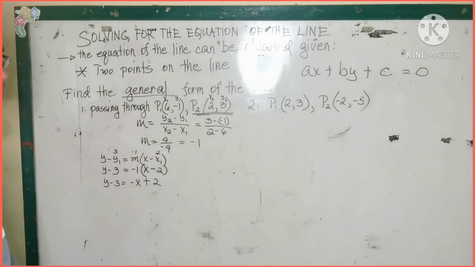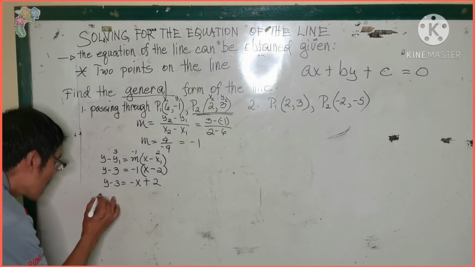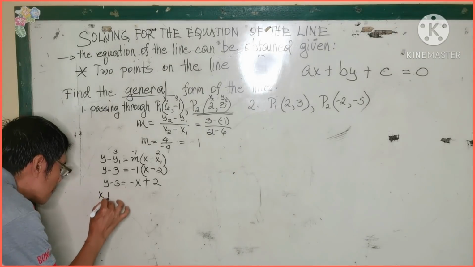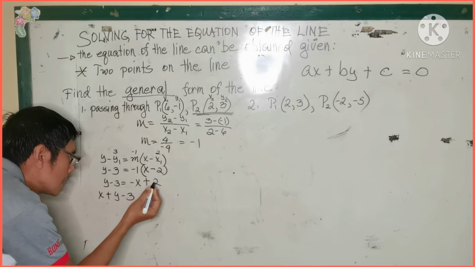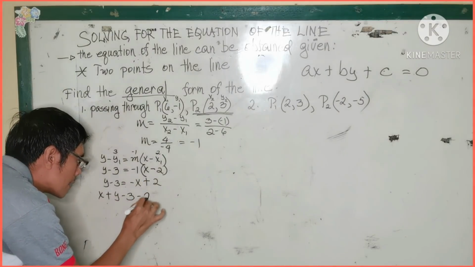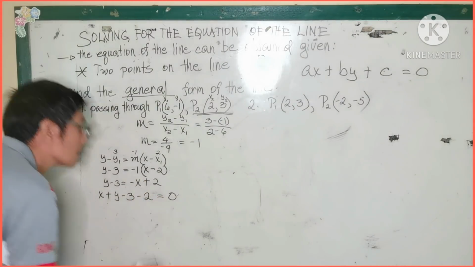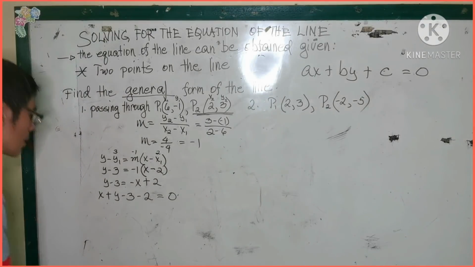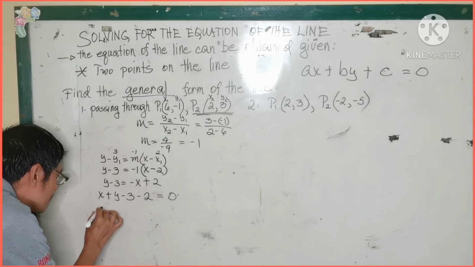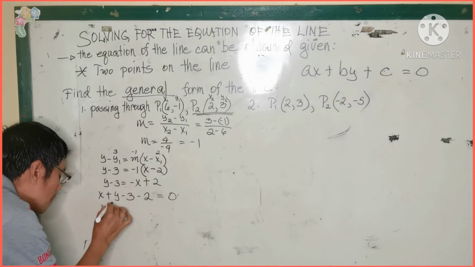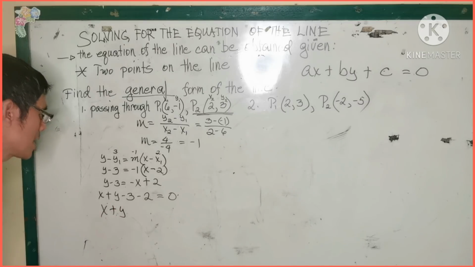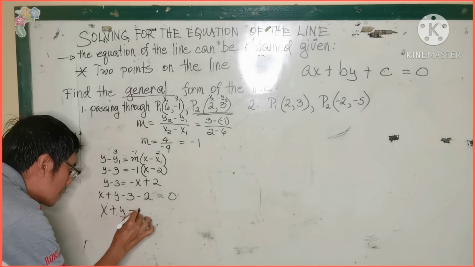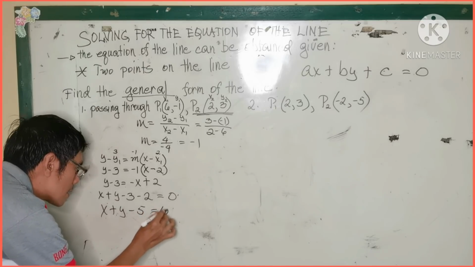So all the terms must be placed on the left side. So we have x plus y minus 3, transpose, minus 2 equals 0. So simplifying, for carrying out the operations, x plus y, negative 3 minus 2 is negative 5, equals 0.